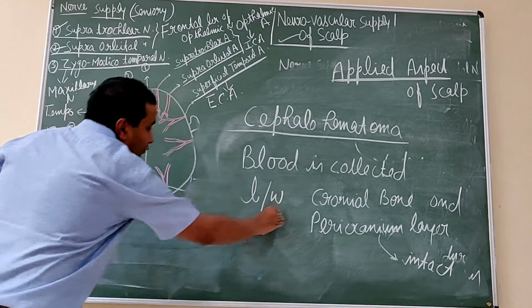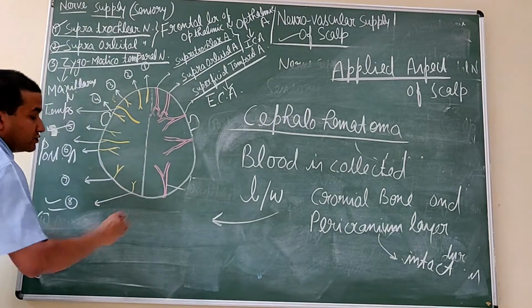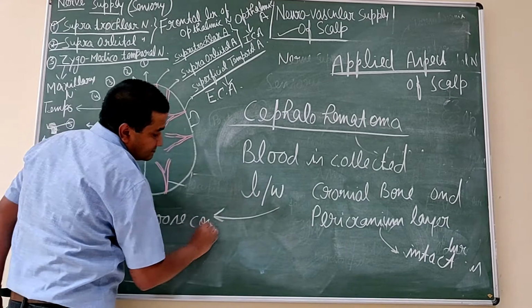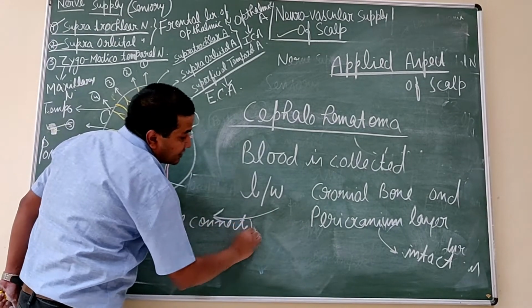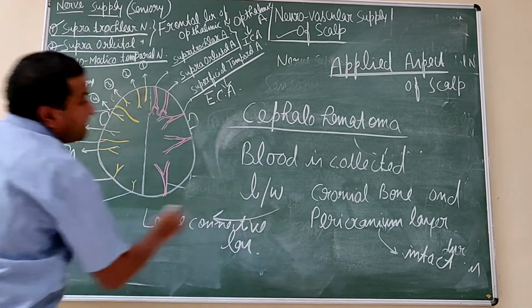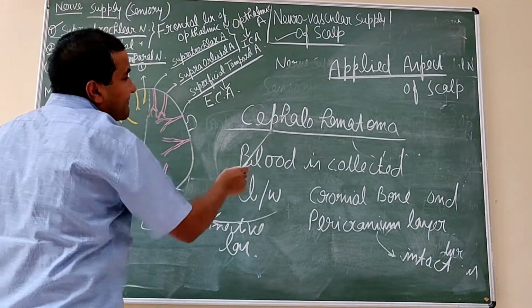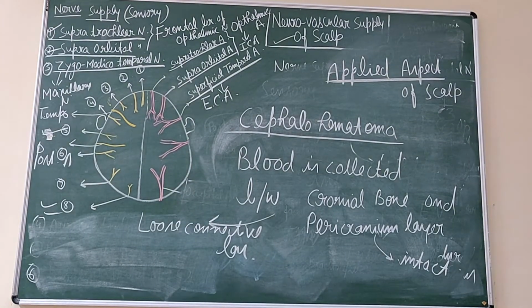Otherwise, blood will collect into the loose connective tissue layer. This condition is known as the cephalohematoma.